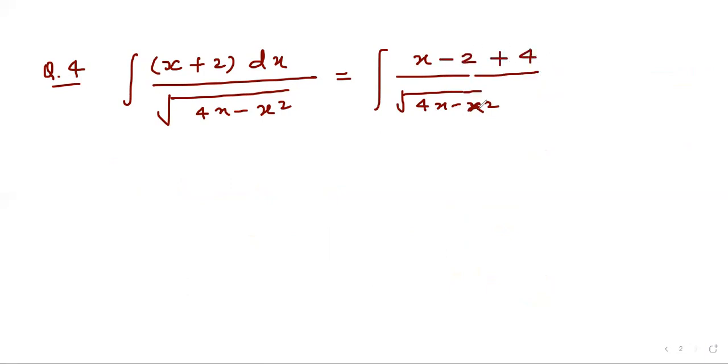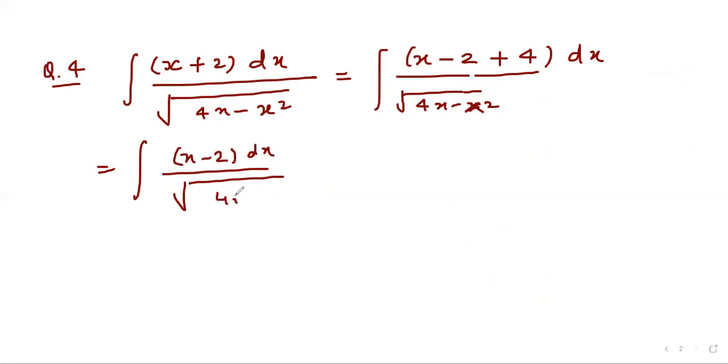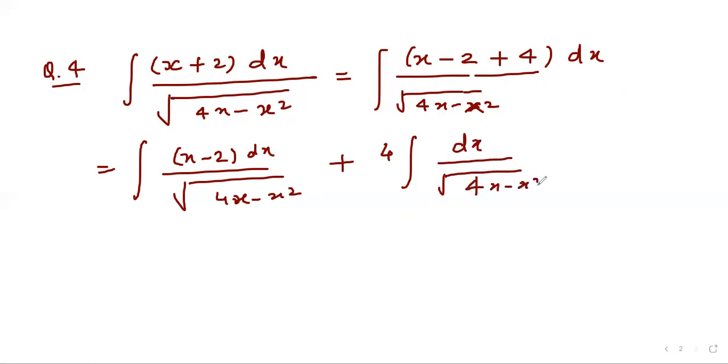This will be helpful because when we put 4x minus x square equal to t, we will get this as differentiation. So we write it like integration (x minus 2) dx divided by root of 4x minus x square, and then plus 4 integration dx divided by root of 4x minus x square.